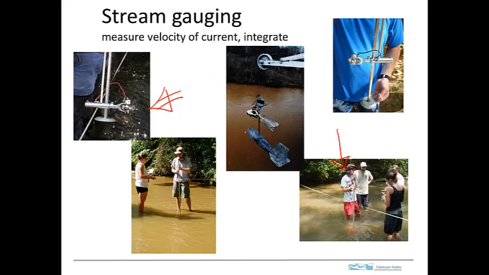So there are other ways to do this. Here's a larger current meter, larger than a Pygmy, although it has the same kind of rotating cups, and it's on this weight, and this thing is being lowered off a bridge. If you're just working in a small stream and the flow is fairly mellow, then you can just wade in the stream and do it like this. But if the water's deep, or if it's fast, then it's just not safe to do this. And so in this case, they're lowering this off the bridge.